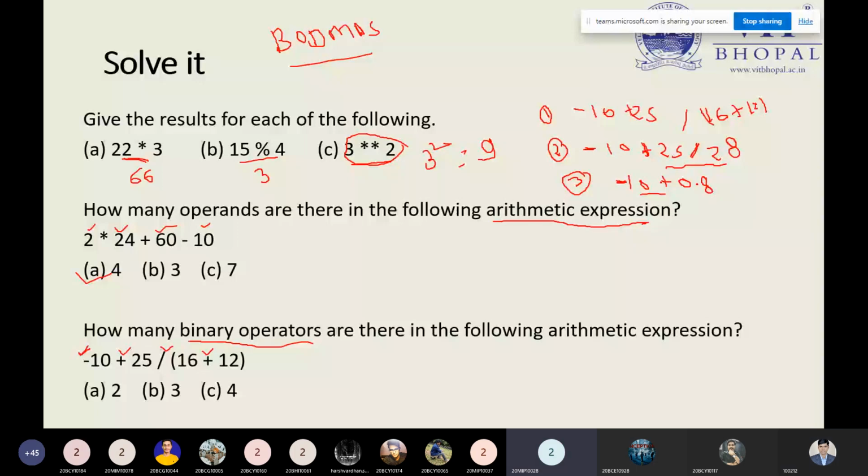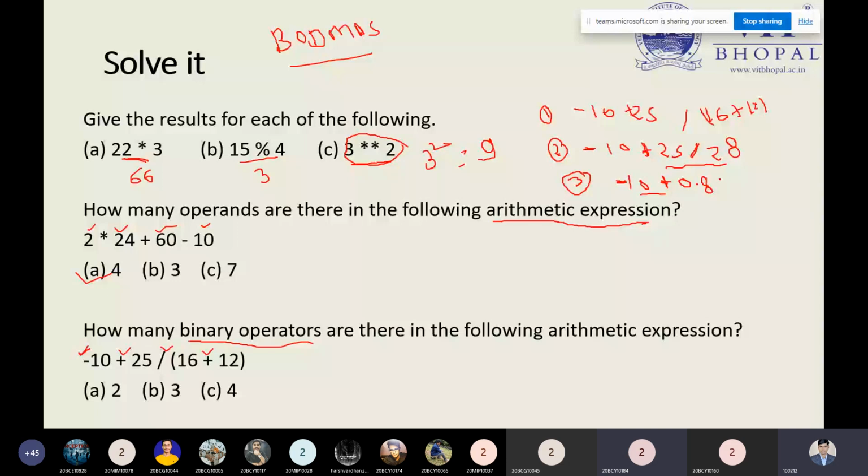Now tell me. 1, sir. 2. I think it's 1. A binary operator means an operator between two numbers. Yes, a binary operator is between two numbers.